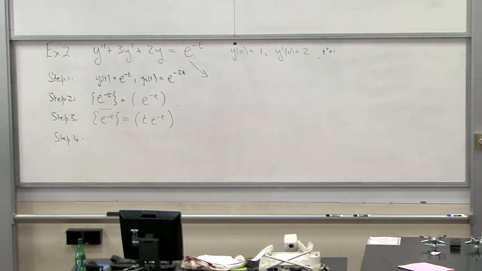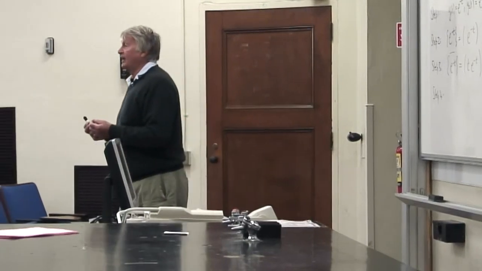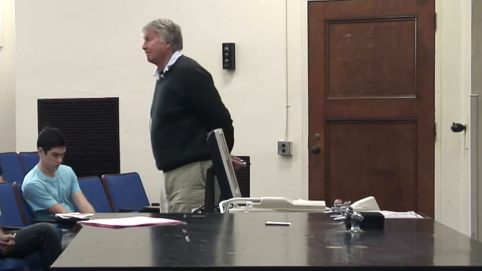Question. Why did you just decide to multiply by t? The rule is I multiply by the lowest power of t so that each member in the auxiliary set no longer satisfies the homogeneous equation. The lowest power of t, yep. And you just use the right-hand side of the equation to get step 2, right?